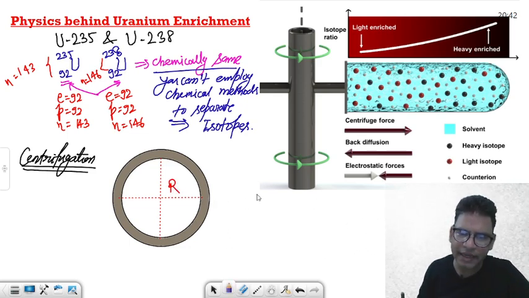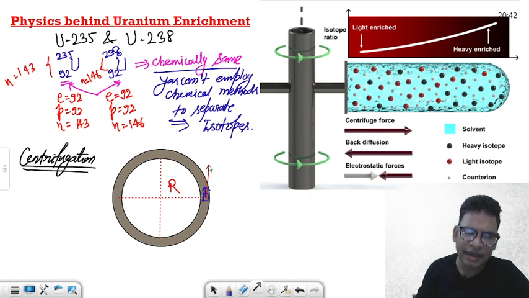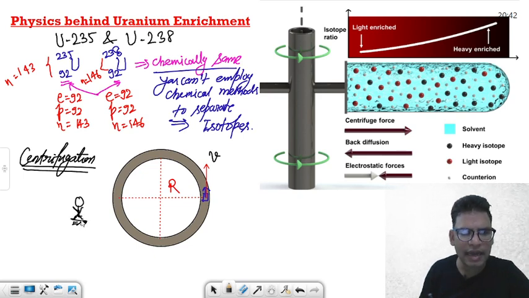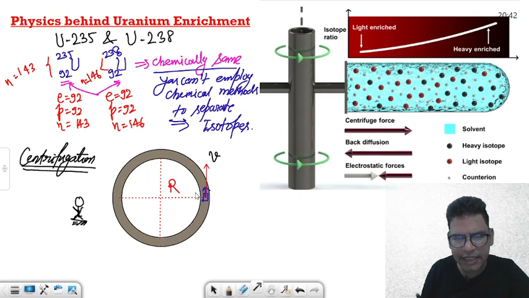Suppose a car is moving along this path with some velocity v. An observer, in the language of science, if I am standing here and I look at this person, will see that he is experiencing a force towards the center.